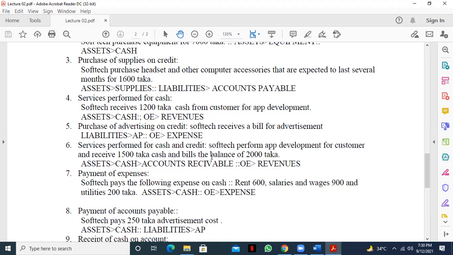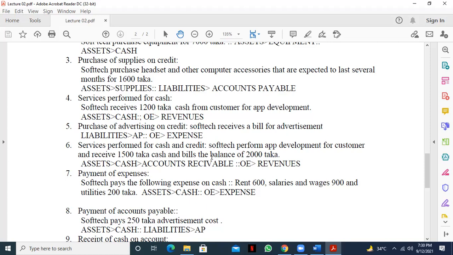Cash and credit. You provided services, some money you received in cash, but something is still on due. If it is due, that means you will receive that money in a future day. So that is an asset for you.